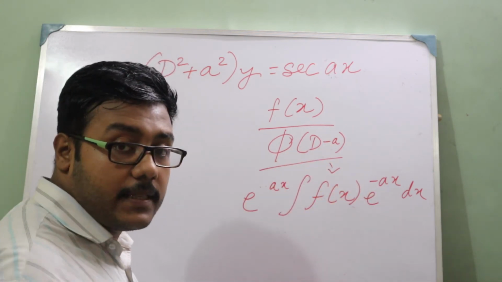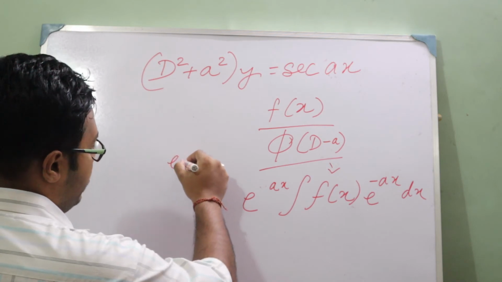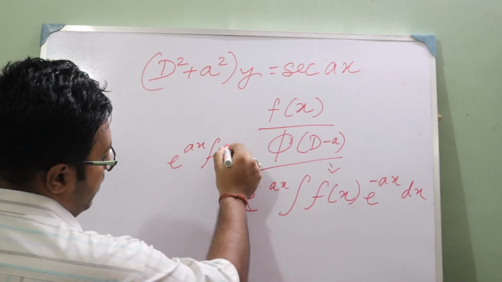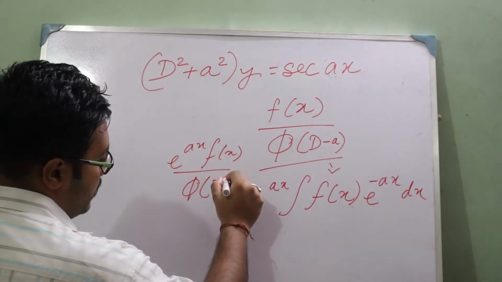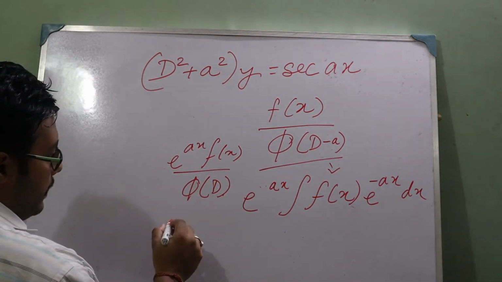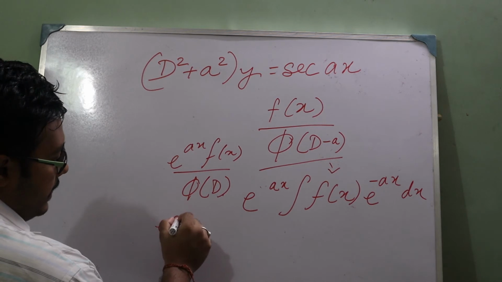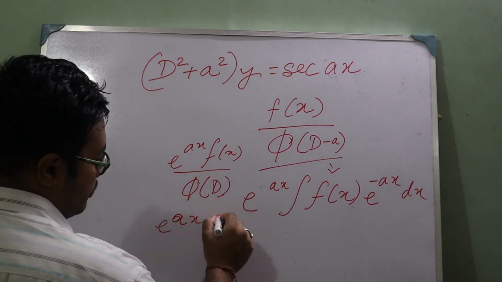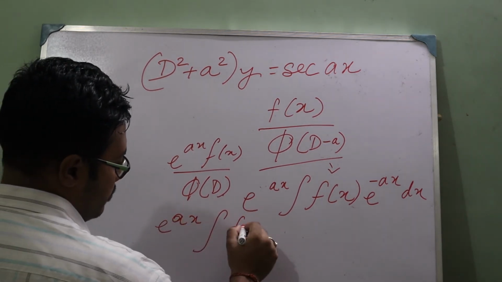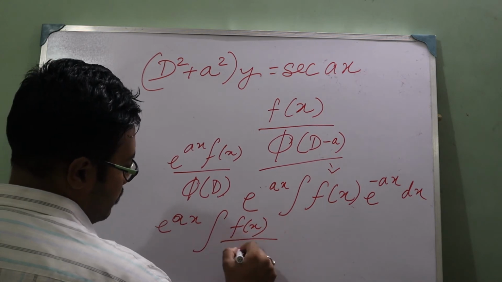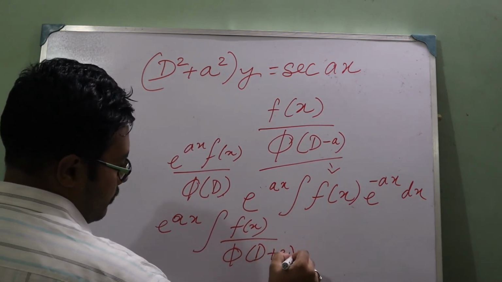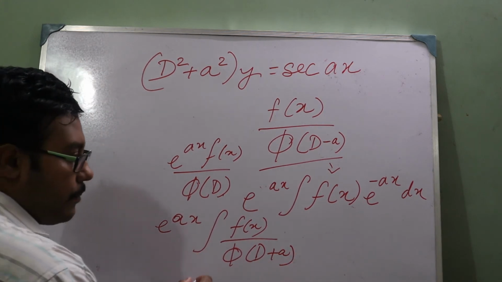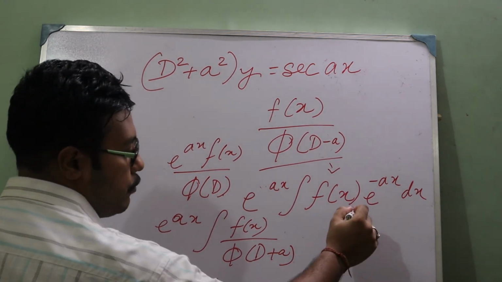Because remember, friends, I have told you before that if we have a function like f of x by phi of D, then we can integrate it by the reversal of this portion.